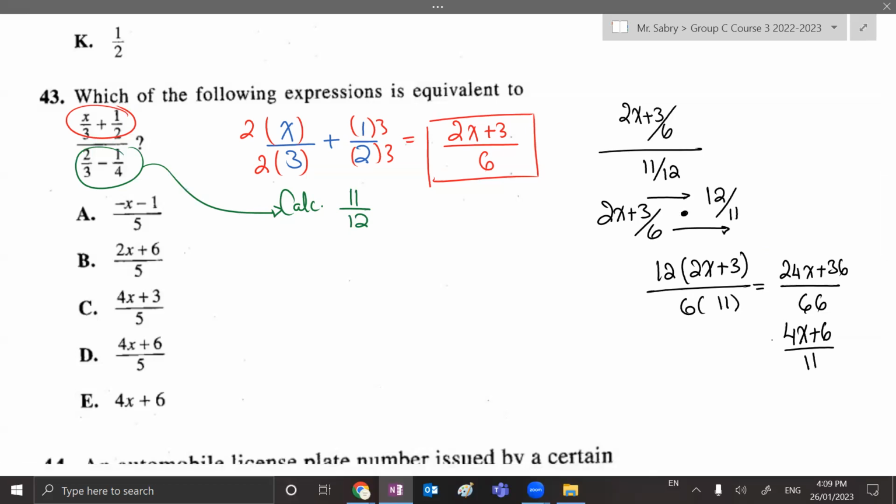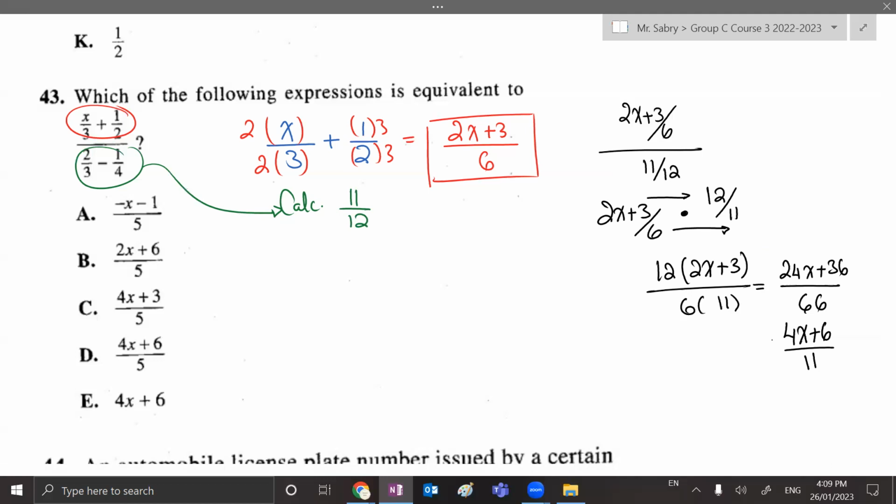I don't think so, but yeah, maybe. I'm not sure. Let me check 24 divided by 66. And yeah, it's over 11. I think I did something wrong in the calculations.